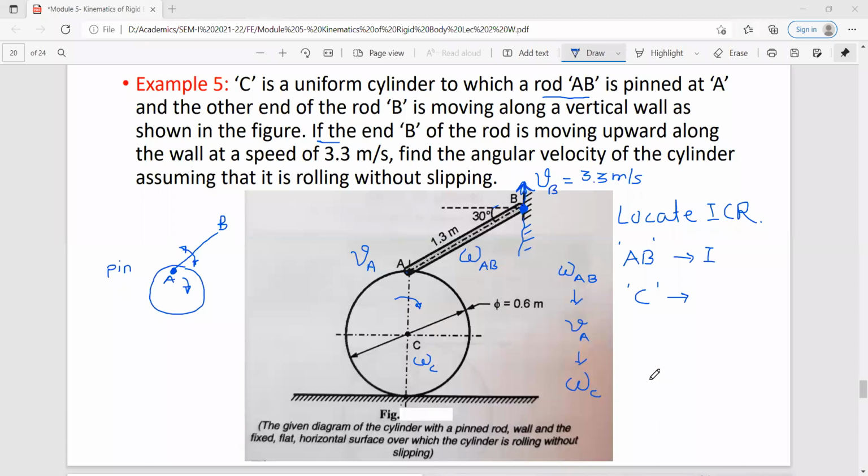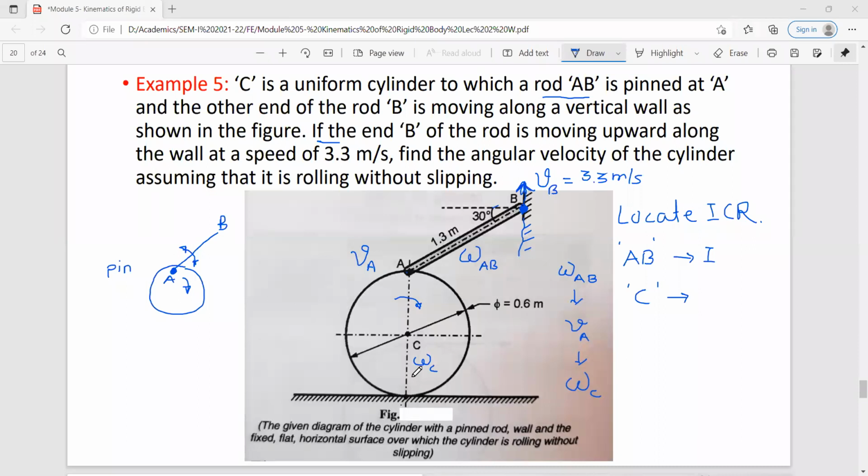Okay, so I was telling you that we have to find out the ICR for the rod as well as for the cylinder. Two objects are there. For the cylinder, we know that for a rolling object, the point of contact between the object and the surface is the ICR. So I can easily locate one point here.